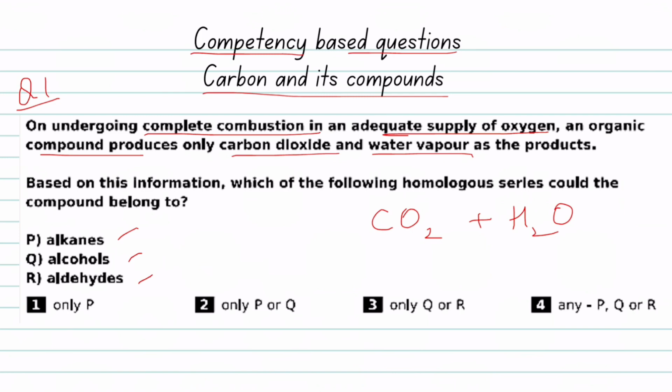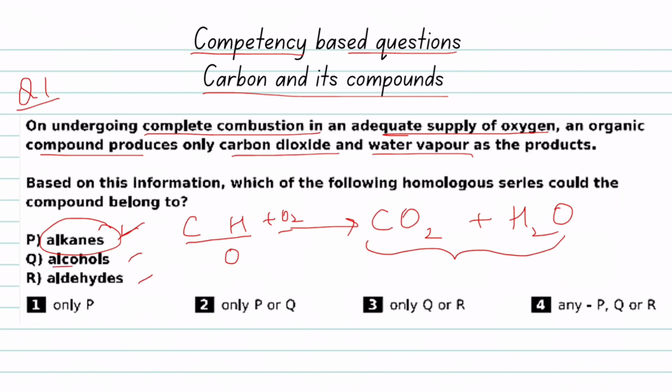If our products just have carbon dioxide and water, that means our reactants should have carbon, hydrogen, and oxygen only, right? Alkanes have carbon and hydrogen, but it's being burnt in oxygen, and nothing else, so it could be the compound being burnt.